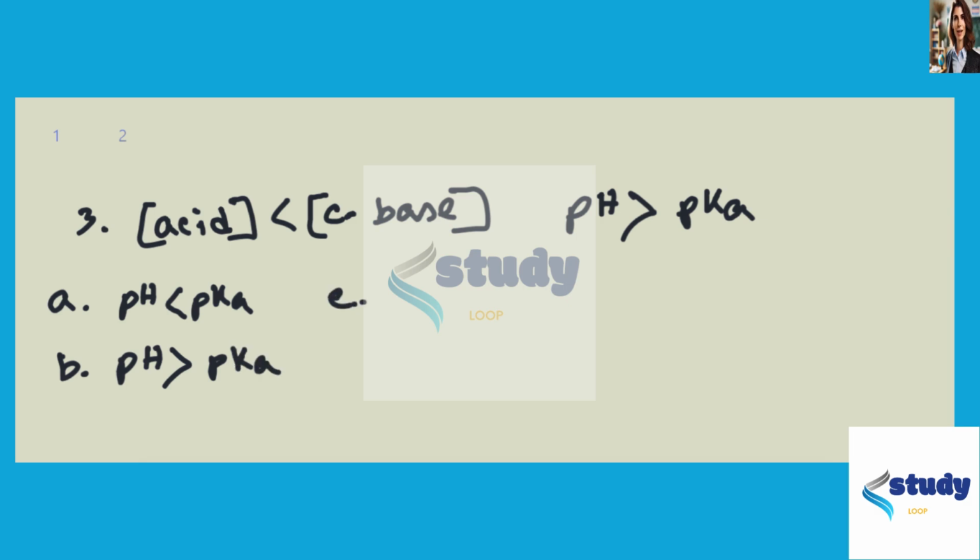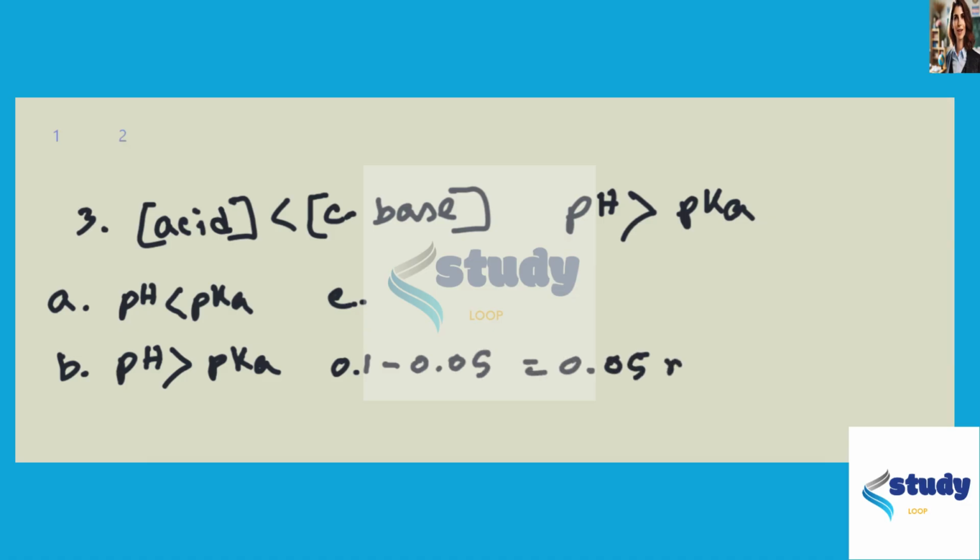Now in the third one, we have 0.1 mole HA and 0.05 mole OH minus. Since OH minus is not the conjugate base here, 0.05 mole OH minus will react with 0.05 mole HA to reduce the acid concentration to 0.05 mole.